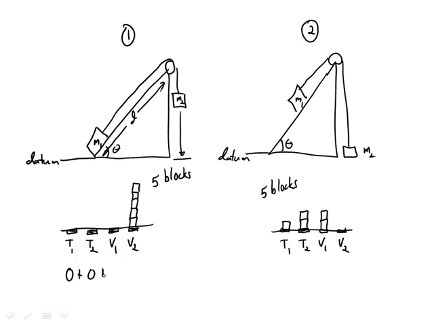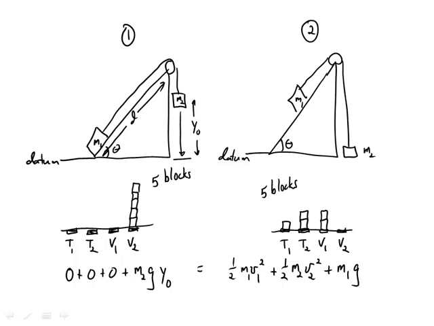Write out the equations. 0 plus 0 plus 0 plus mass 2 g, and we'll call this distance y sub 0, equals 1/2 mass 1, the velocity of 1 squared, plus 1/2 mass 2 times the velocity of 2 squared, because you notice there are blocks there. I cannot have a 0 energy. Plus mass 1 g, and if this one fell a distance y0, this has gone up a distance y0.